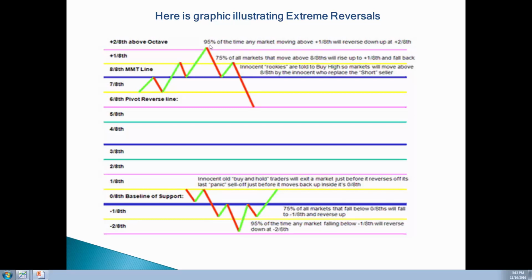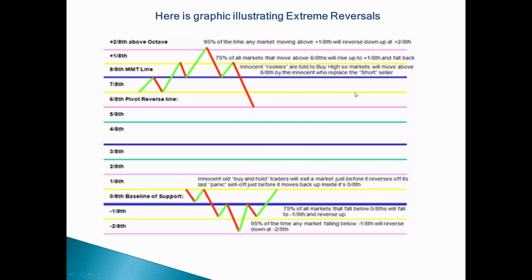They can do it for a short period, but they're not going to be able to sustain that. So in this case, the expectation is a pullback from the 2/8 back down to the 8/8, in sort of rhythmic swings here. Those are some of the things you want to ideally pay attention to.